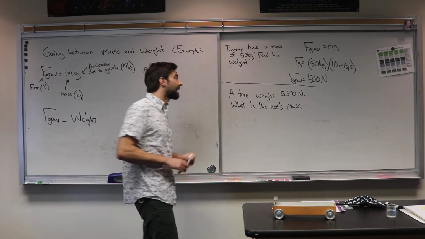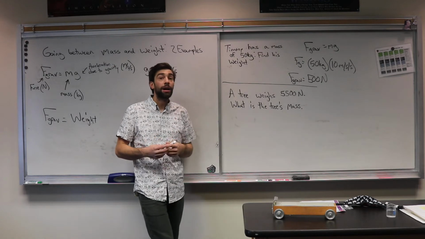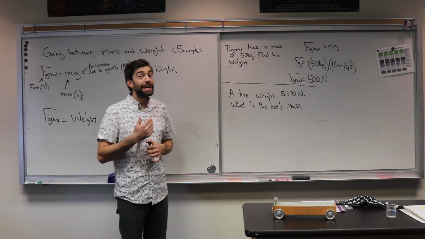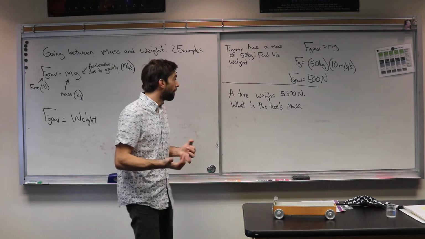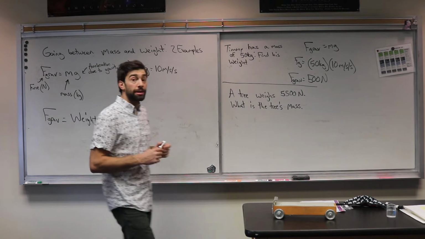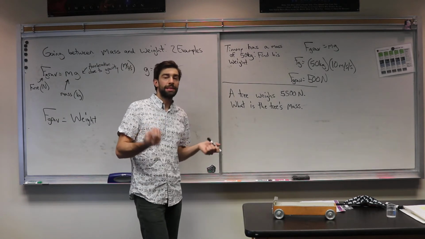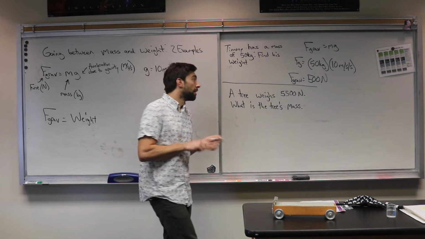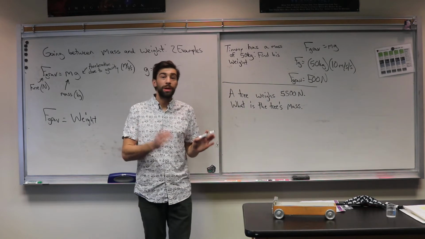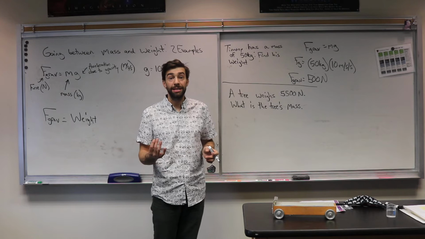So in the second example, it says a tree weighs 5,500 newtons. What is the tree's mass? Well, the first thing I like to do always, and I didn't go through this as well as the other one because it's a pretty straightforward plug and chug, is write out the formula and decide which values I have, which ones I don't have.